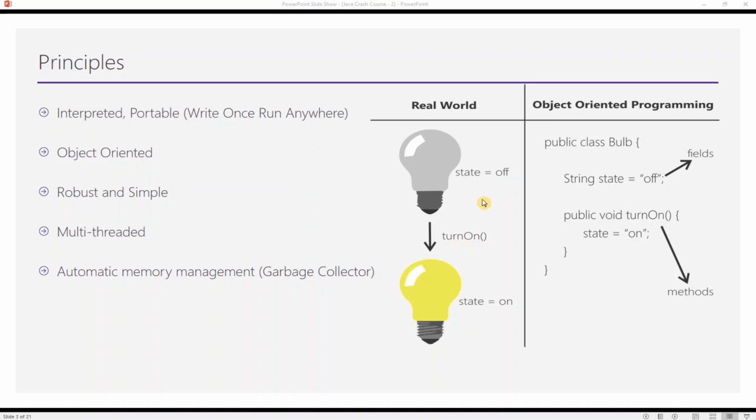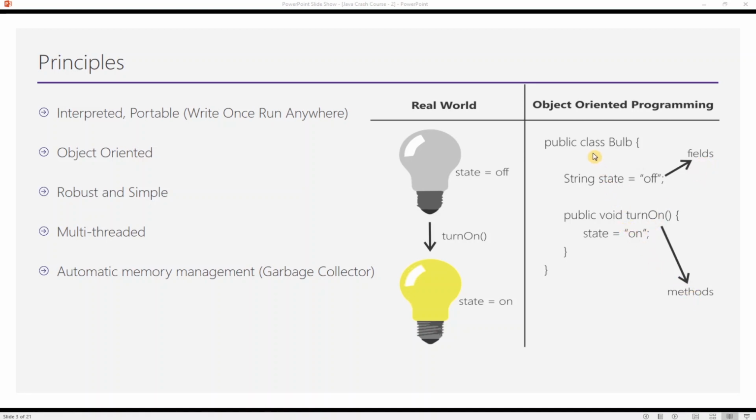So the current state of the object as well as the accompanied behavior that when triggered alter the object's current state by doing some internal processing is how we perceive objects in the real world. And Java is no different. In Java, we create objects that encapsulate state represented by its fields and behavior represented by its methods.